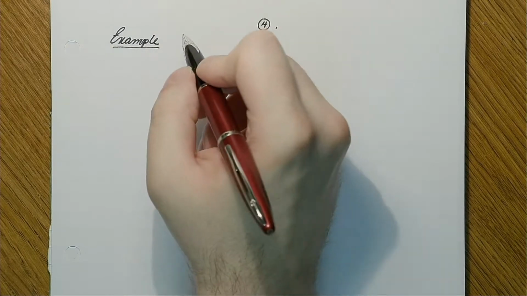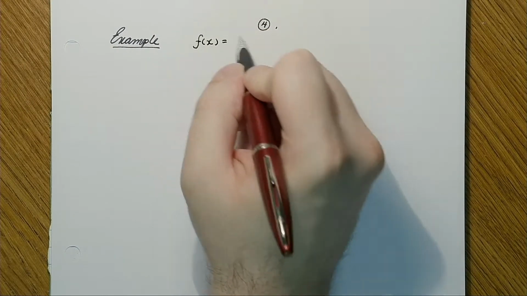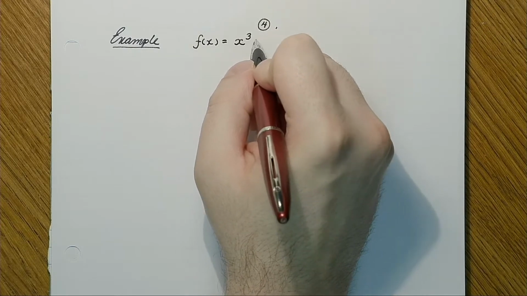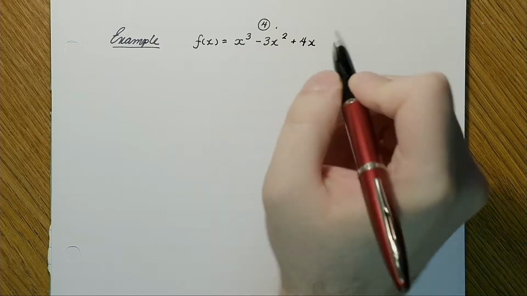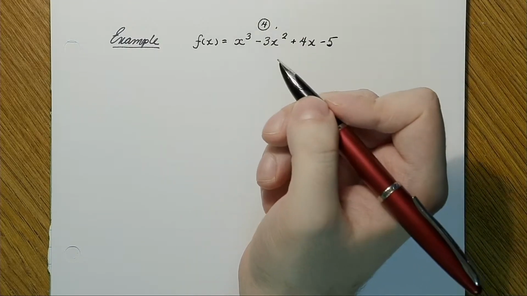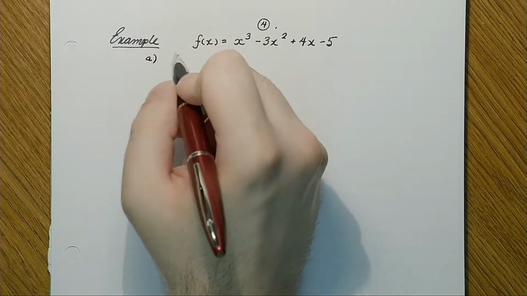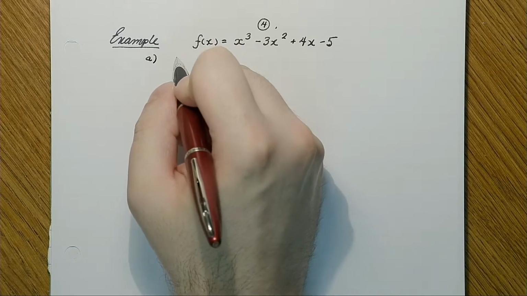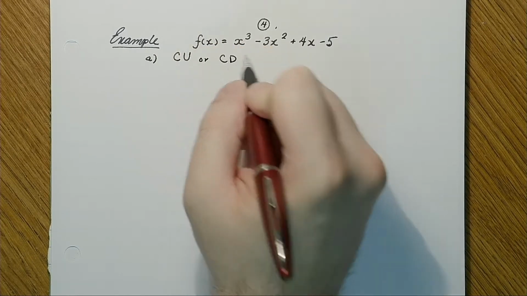So we have an example, and let's use f of x is equal to x cubed minus 3x squared plus 4x minus 5. And so the questions would be like, where is it concave up or concave down?